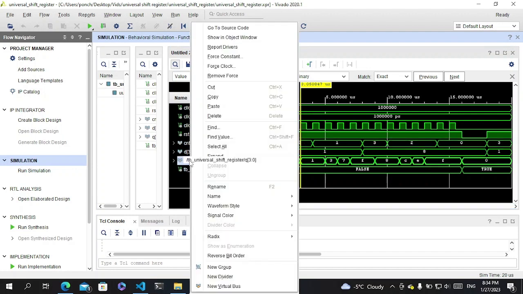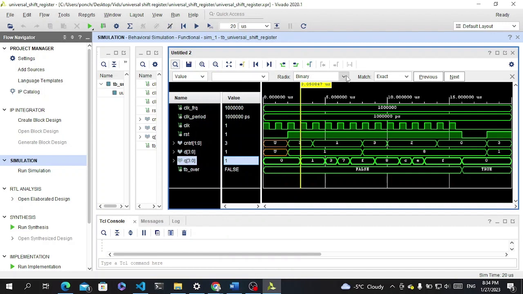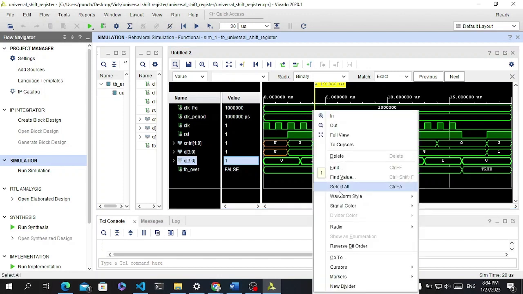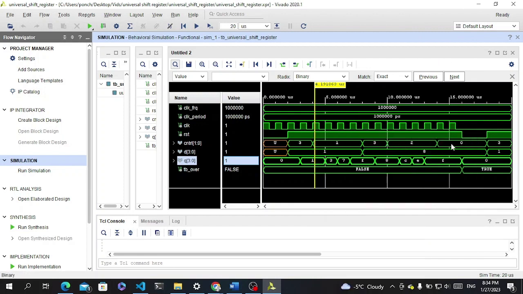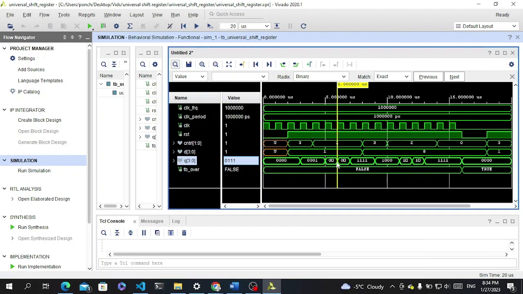Let me change this into binary. Yes, okay.